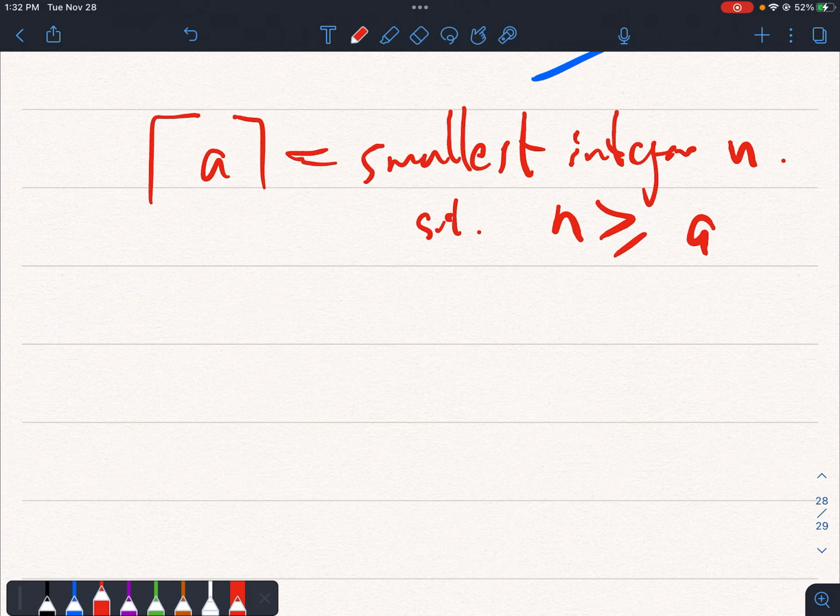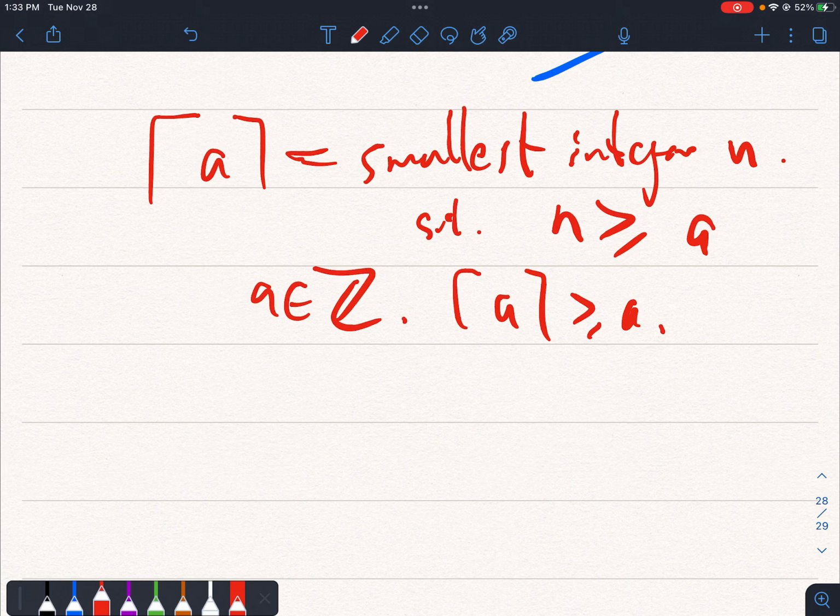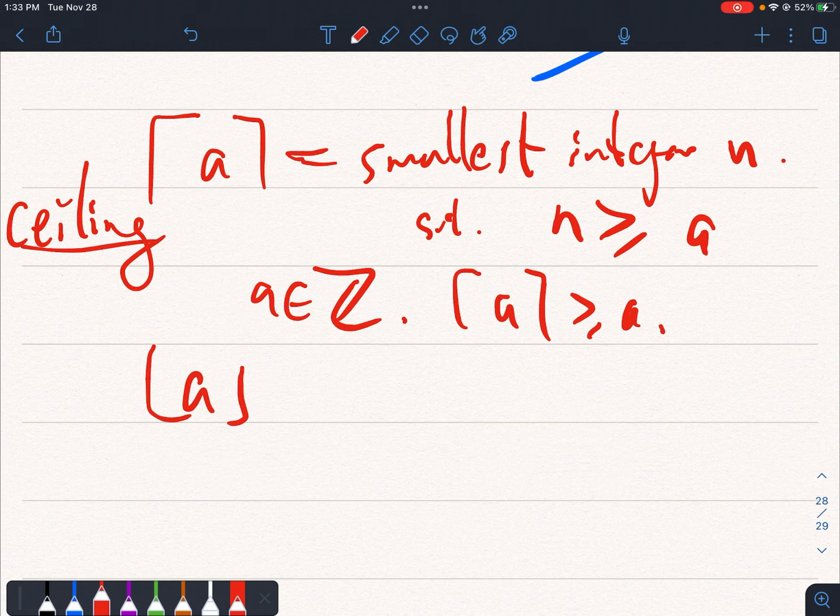Clearly, if this is the smallest one such that this is true, then it is bigger than or equal to a, and also by definition it is an integer. Okay, Z is the set of all integers. So this is the ceiling function.